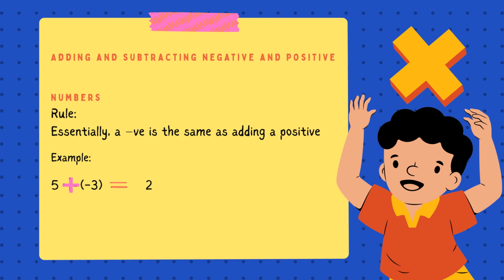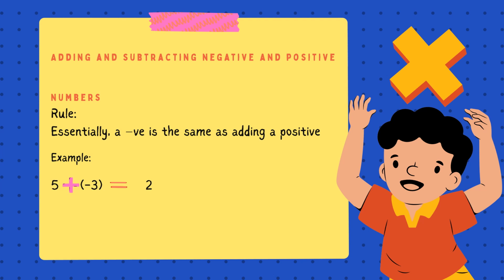Now, this is an example. Positive 5, if you look in front of the 5, there is no negative, so this is a positive 5 plus negative 3.